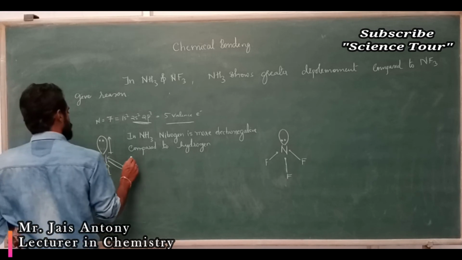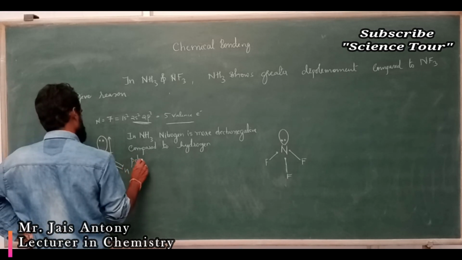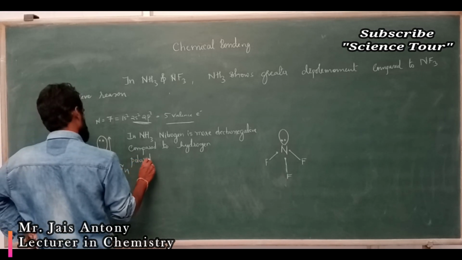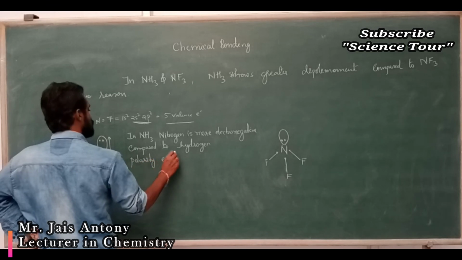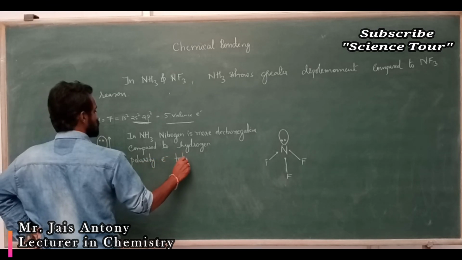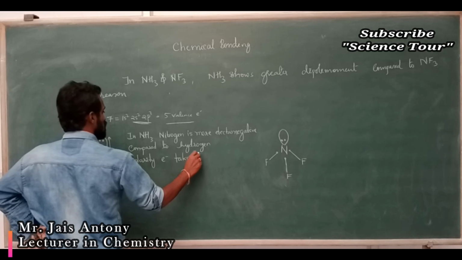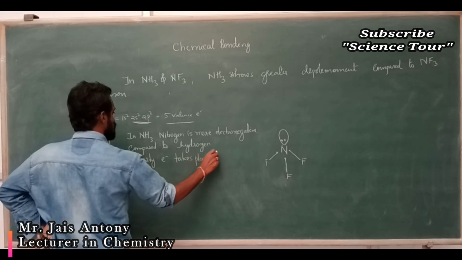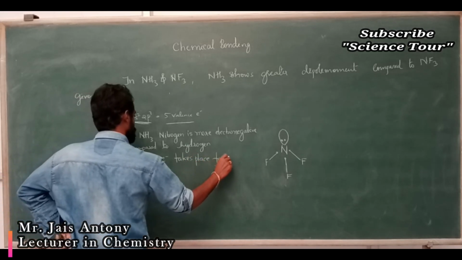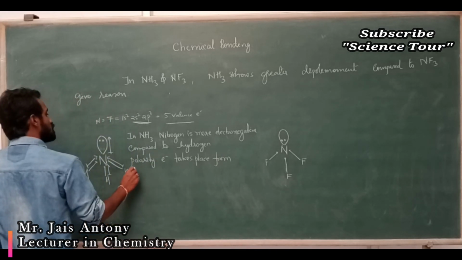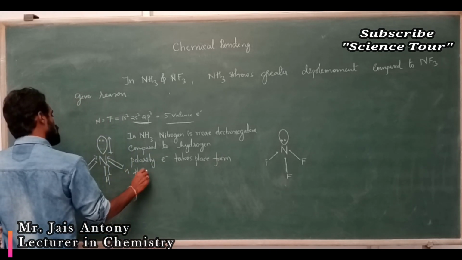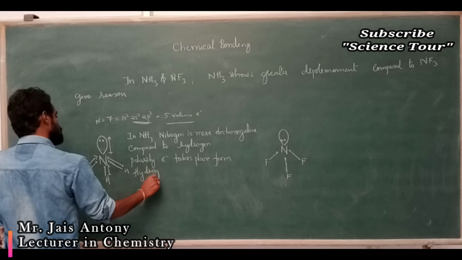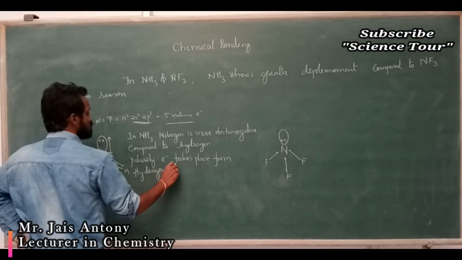Polarity of electrons takes place from hydrogen to nitrogen.